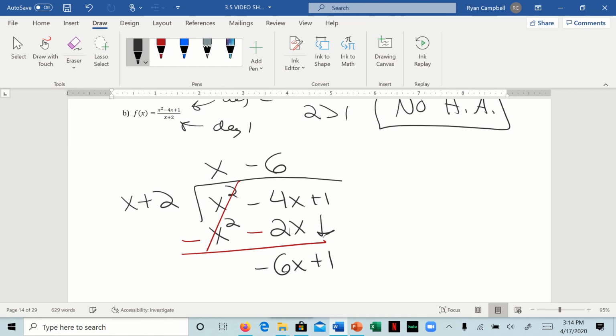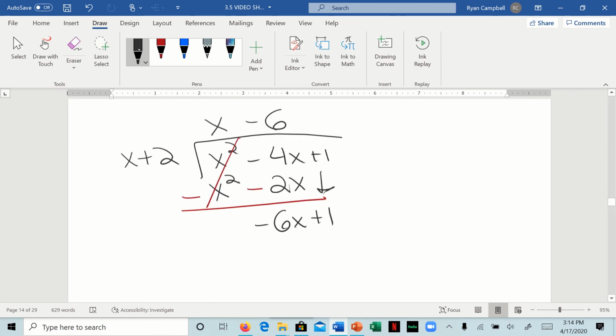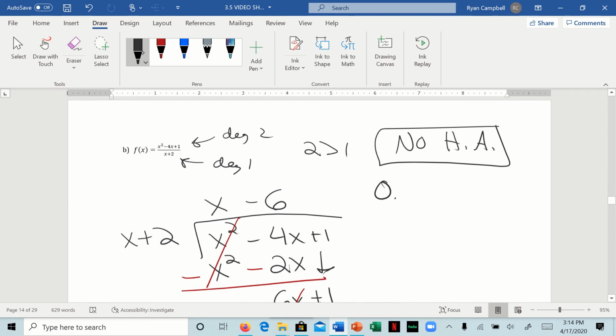We get negative 6. Negative 6 times x is negative 6x. Negative 6 times 2 is negative 12. Then we flip the signs. 6x's cancel, and we're left with 13. So we're going to have an oblique asymptote at y equals x minus 6.